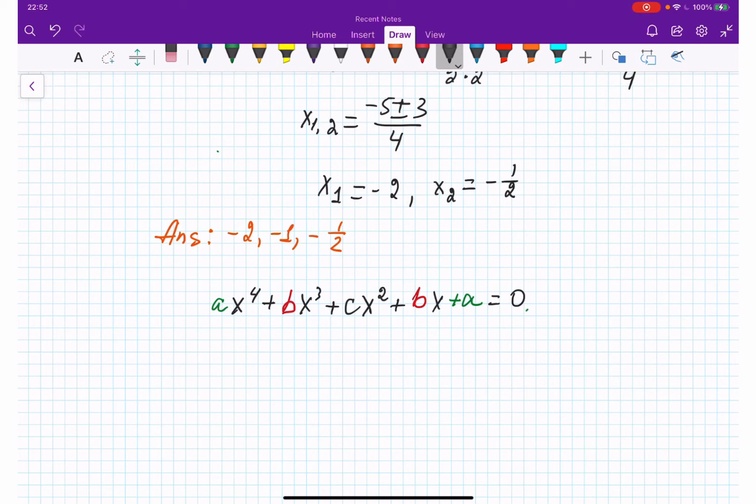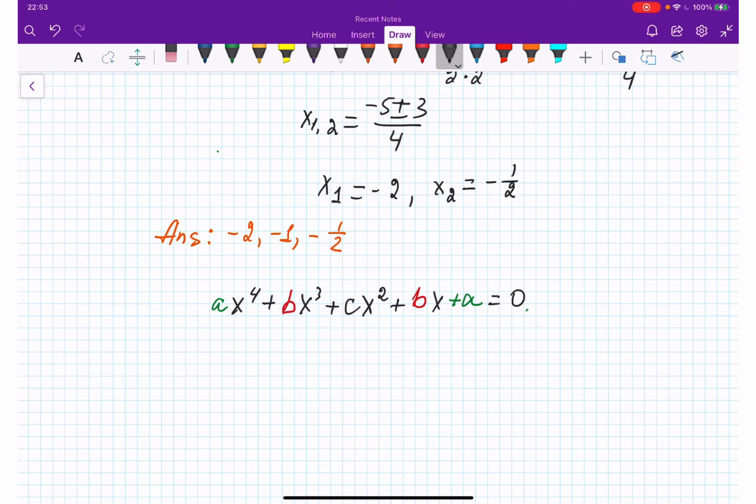So you can see what's supposed to be here. The interesting thing: b is the coefficient of x cubed, and b has to be the coefficient of x, and a is the coefficient of x to the 4, and the free term a has to be the same. Okay, and obviously a, b, and c are going to be given. So let's solve it.